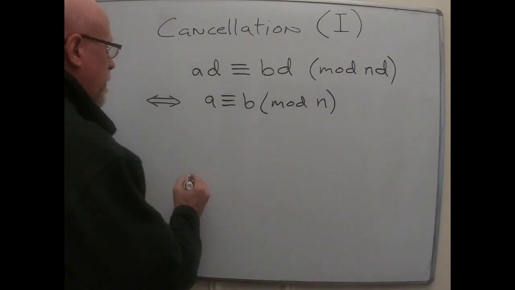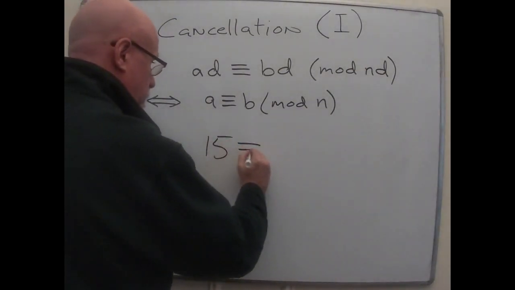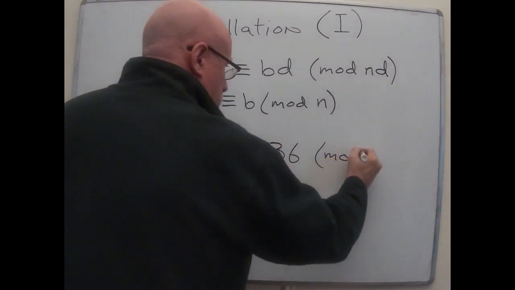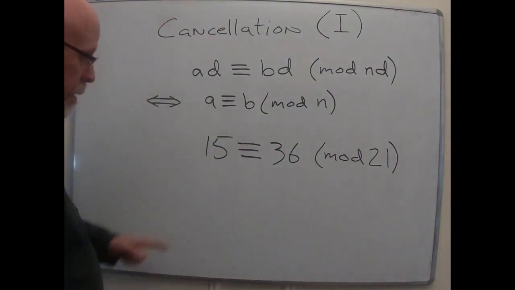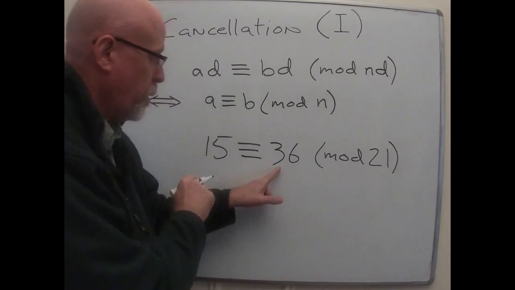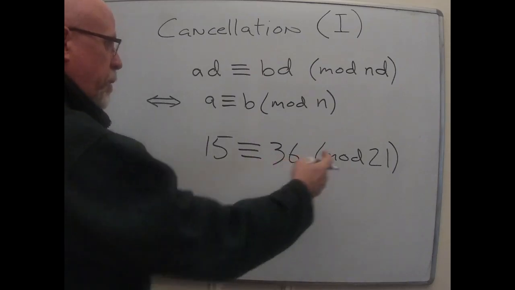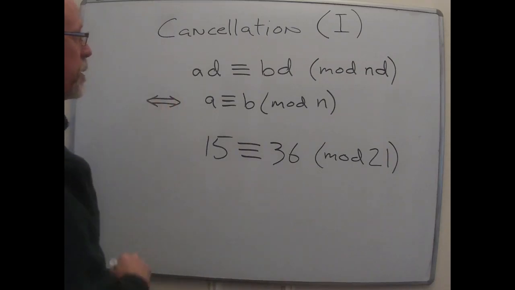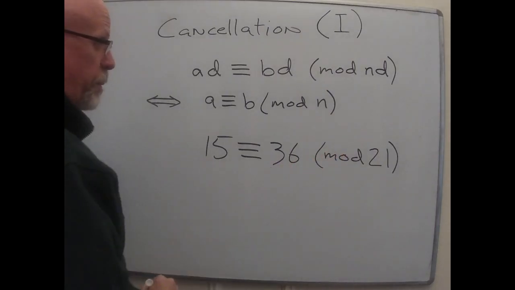Suppose I had 15 is congruent to 36 mod 21. And that is true, in fact, because 21 plus 15 gives me 36. So 36 is 15 greater than a multiple of 21. But what this cancellation part 1 says is, notice how everybody's divisible by 3?